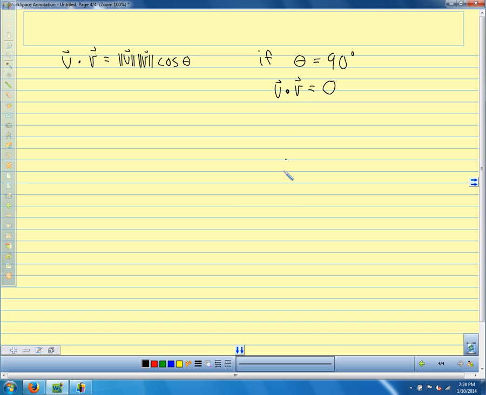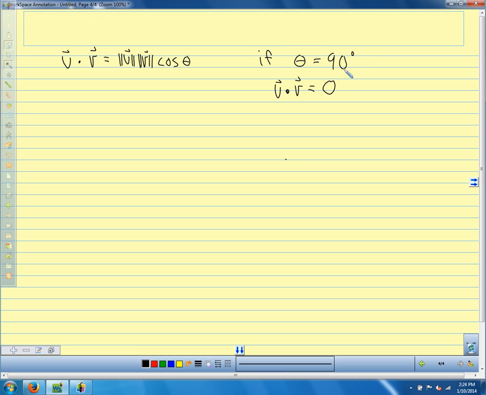So the only way that we get u dot v equals 0, because the magnitude of u and the magnitude of v are always a positive number, is if there's a 90-degree angle between the two vectors.